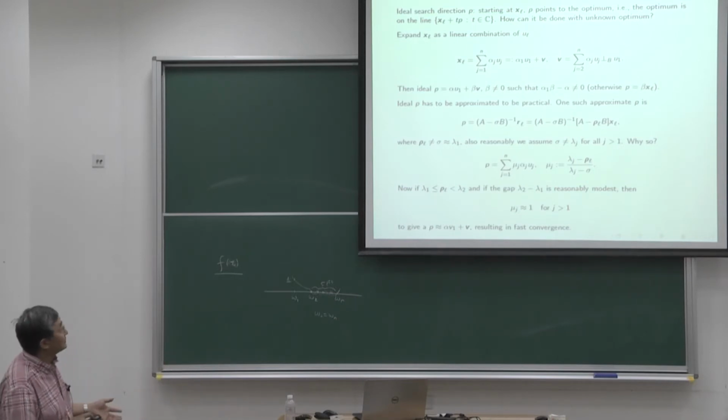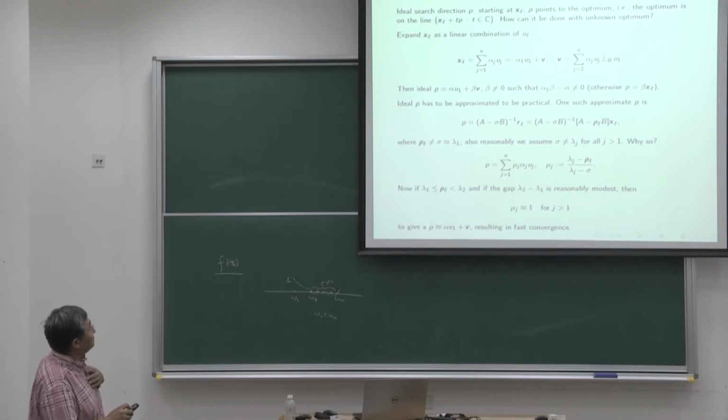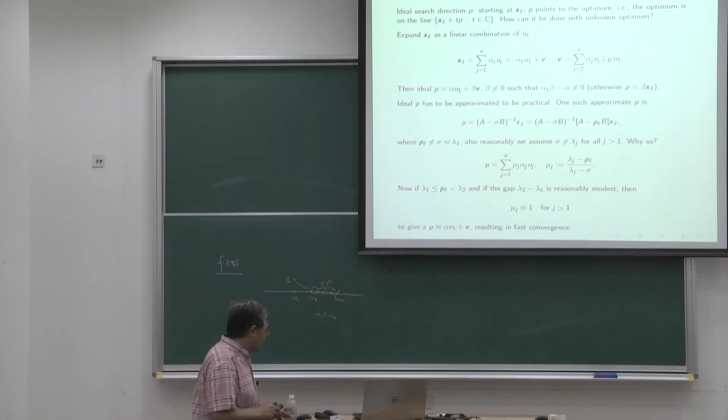In the case of inverse iteration, sigma is lambda 1, but typically we don't know that. So in large sparse computation, you pick sigma close to lambda 1, and rho_l is usually unlikely to equal sigma. That's what people usually do all the time. Does it make sense? Why is this a good one?